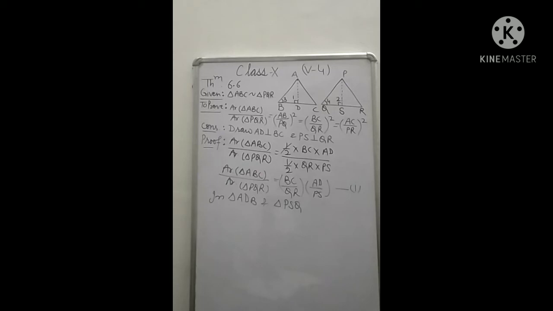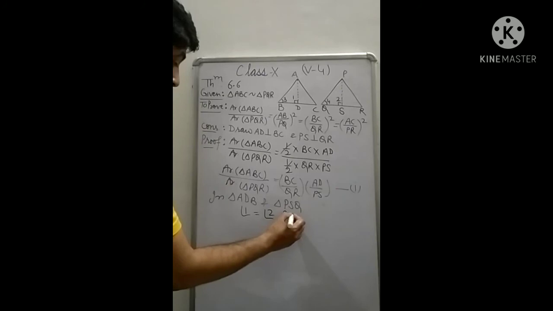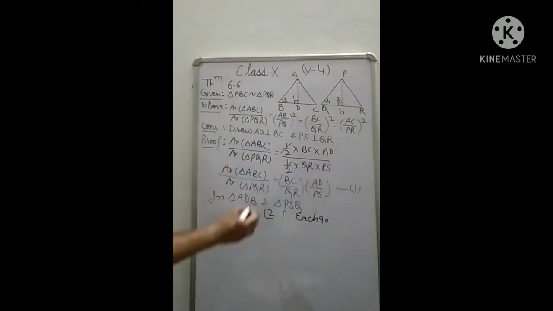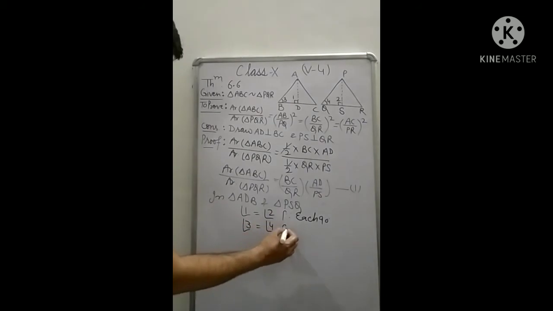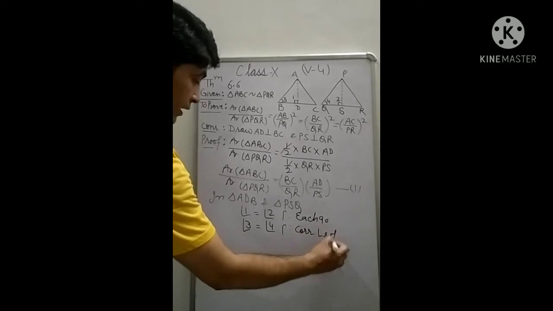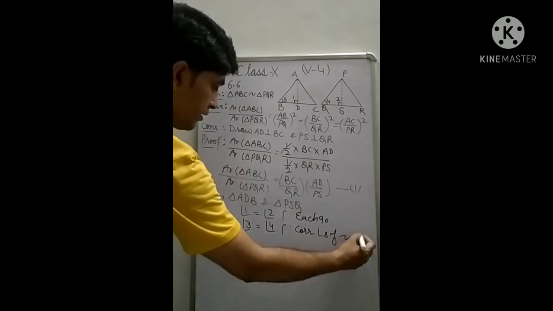And second, angle 3 is equal to angle 4 because they are corresponding angles of similar triangles. So we write the same: angle 1 is equal to angle 2 because each is 90, and angle 3 is equal to angle 4 because corresponding angles of similar triangles.